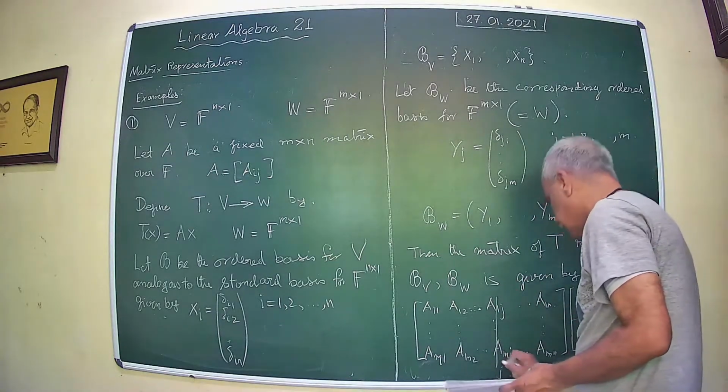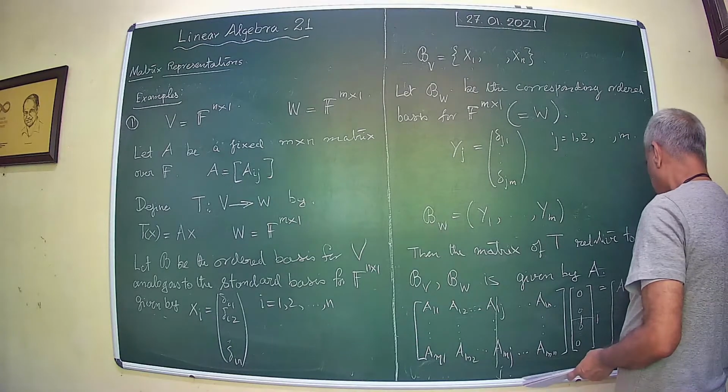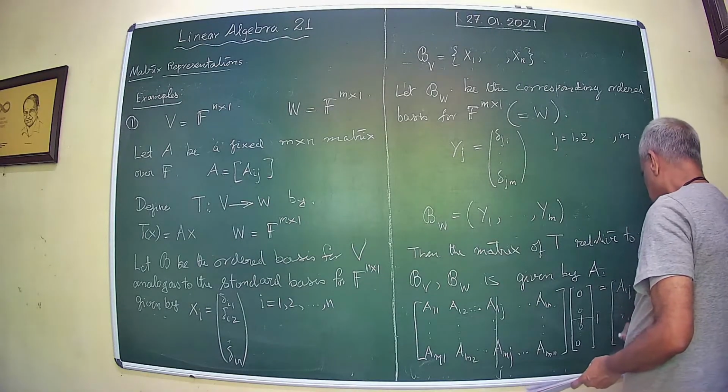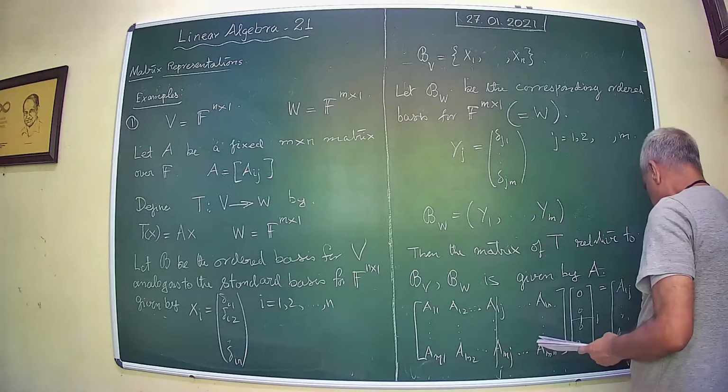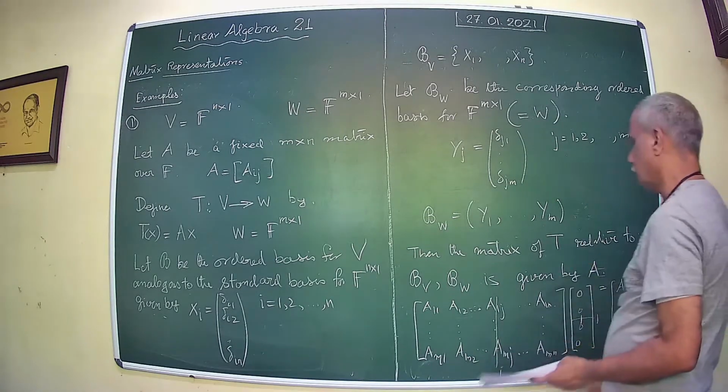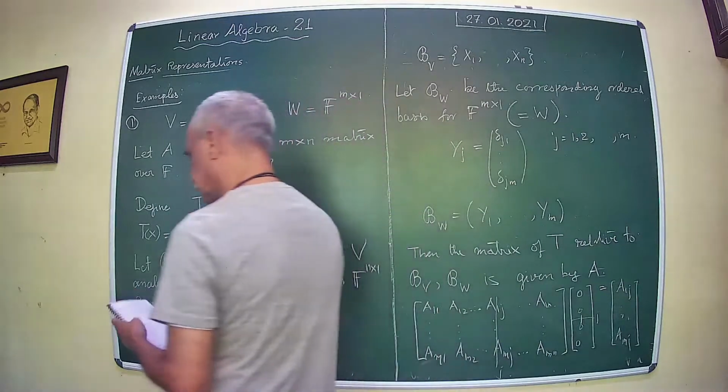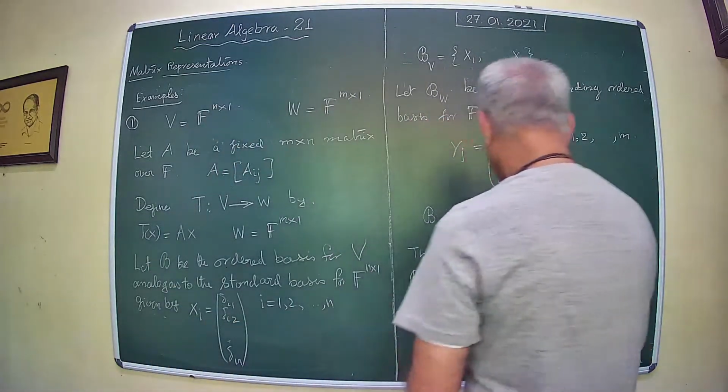Yeah, this is the jth column. This is what we get.